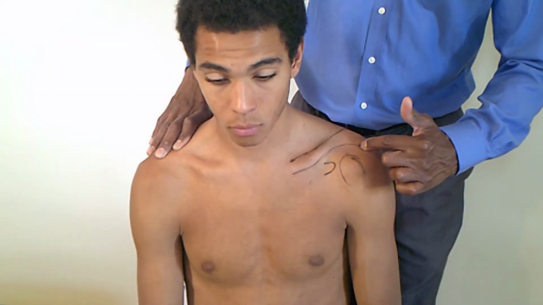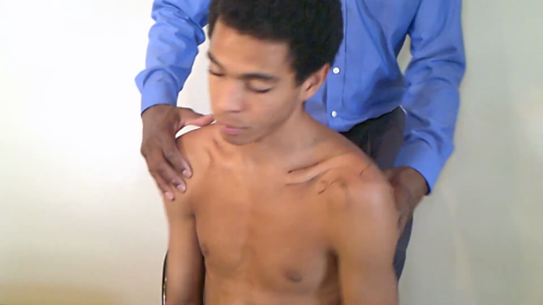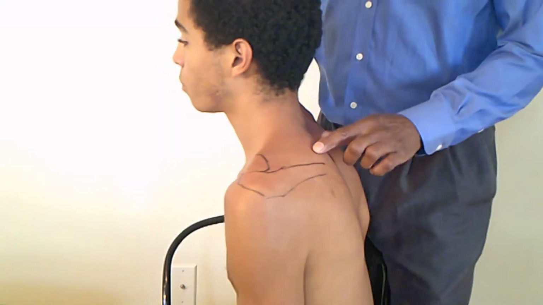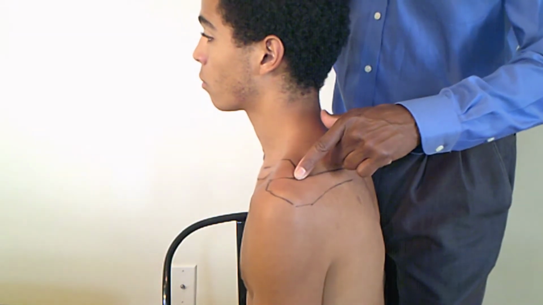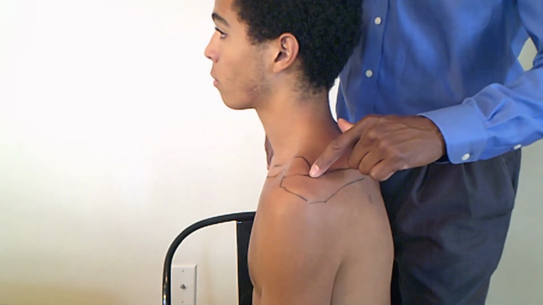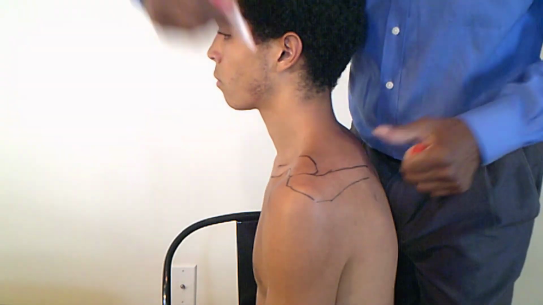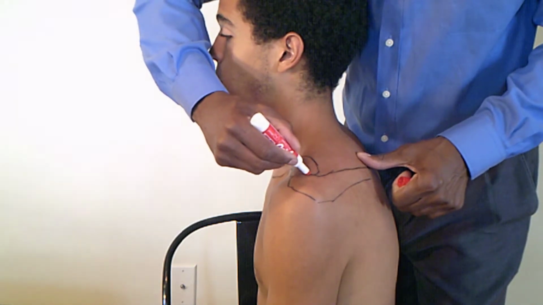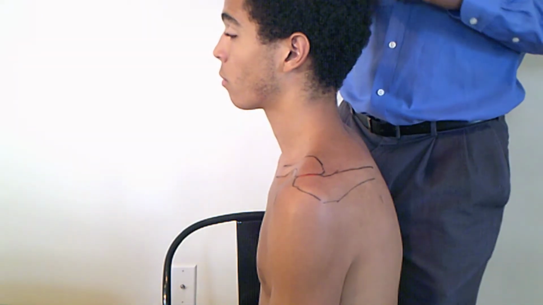There's my anterior V, and then on the back, if I follow the superior border of the spine of the scapula right around, I'll fall into a little space here. That's the posterior V, and if I connect the anterior V with the posterior V, this gives me the joint line of the acromioclavicular joint.